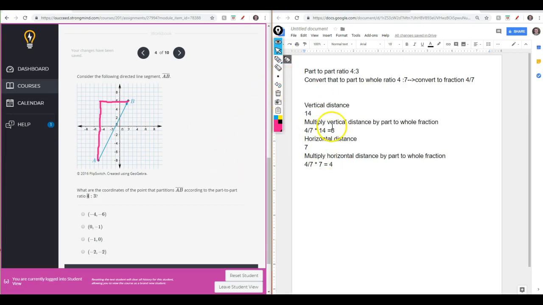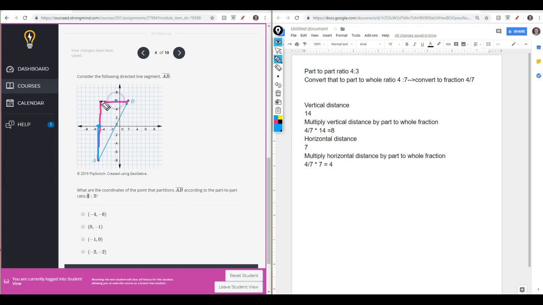So now what do these two numbers represent? Well, if I only go up 8 units, 1, 2, through 8, that means the point is going to be at the intersection of being up 8 units and over 4 units. 1, 2, 3, 4.